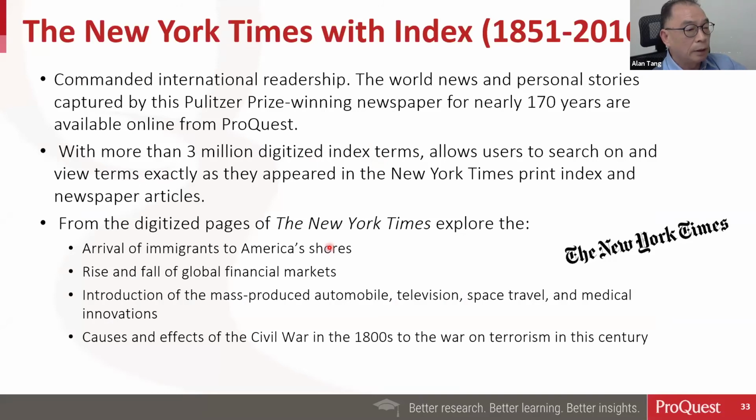Okay. And this is the main event, just a few examples you can find from the New York Times: immigrants to America, rises and falls of global financial markets, etc. Okay, and also the Civil War in the 19th century.